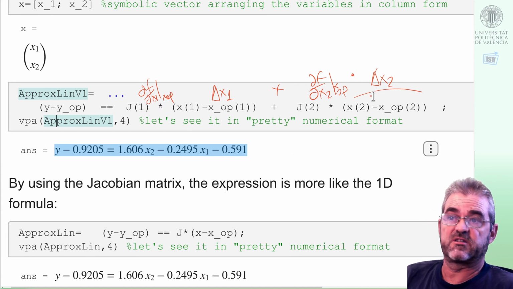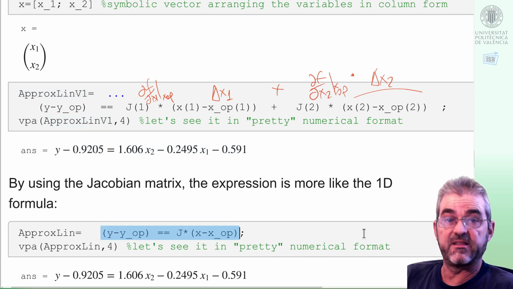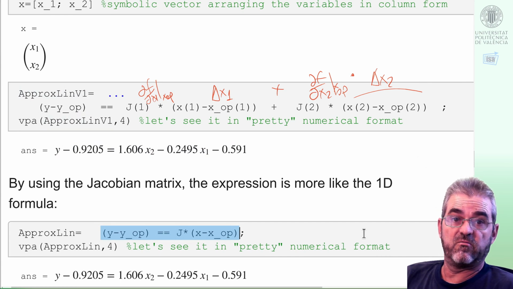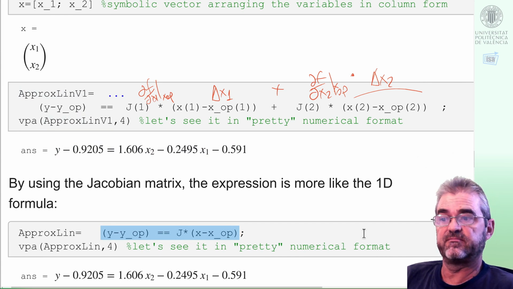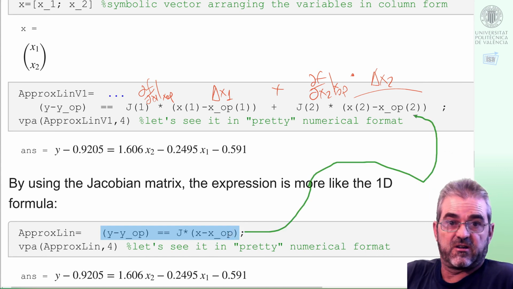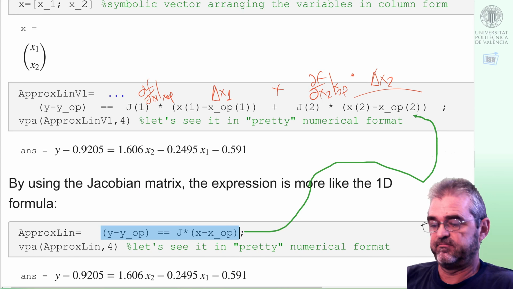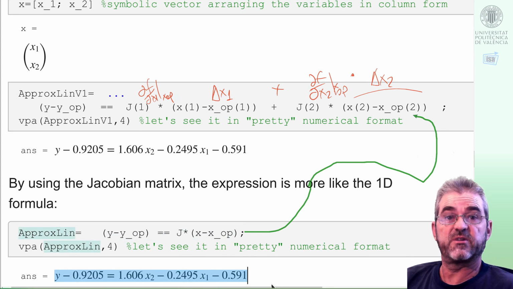Of course, this expression in here can be readily encoded in an equivalent but more compact form using, of course, the full Jacobian matrix capital J and the column vector increment. But okay, this is just a compact form in matrix notation of writing the above. And of course, we get exactly the same expression.